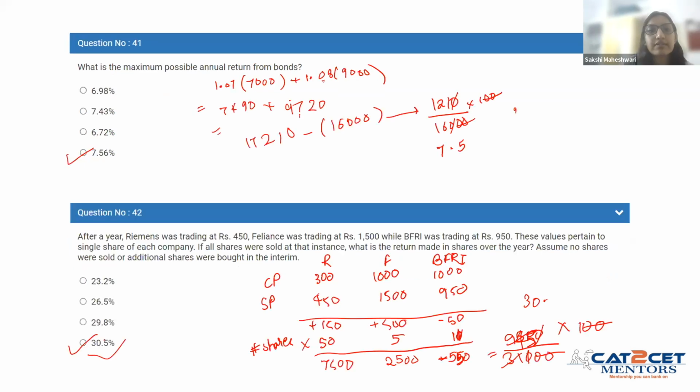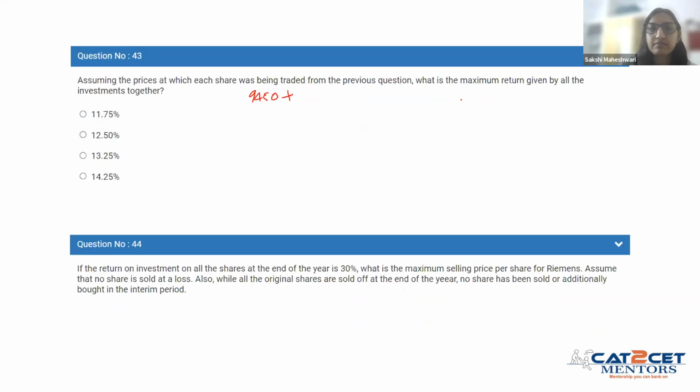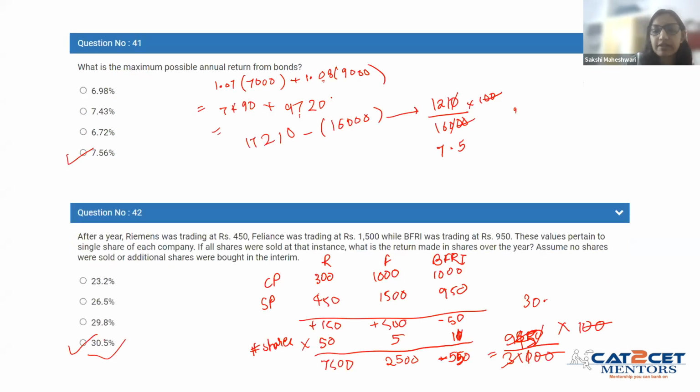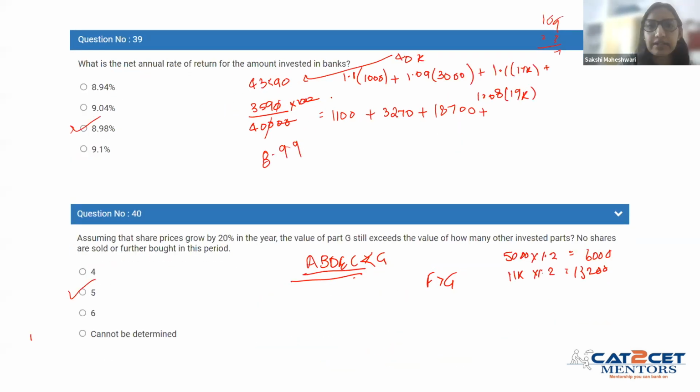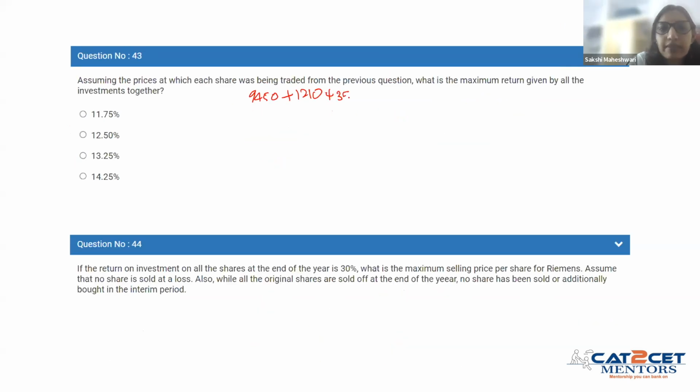For maximum return on all investment, we need maximum return from bonds as well, which was 1,210. And the maximum return from bank we calculated, I think this was 3,590, upon the total investment of 1 lakh.